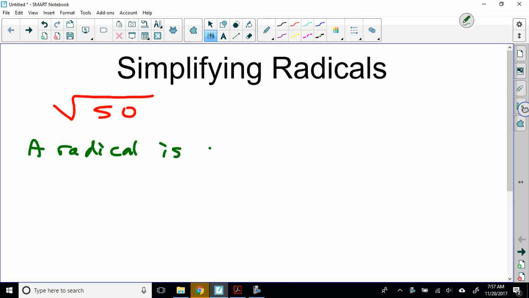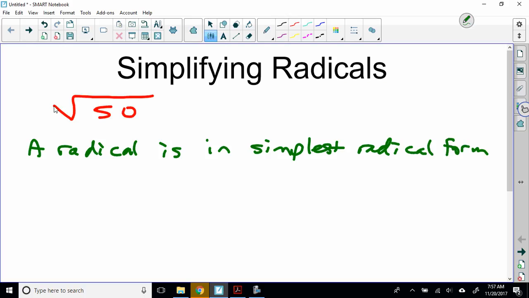is in simplest radical form. I've said before about math, it's a lot of times about understanding the language, so there's going to be a lot of words here.